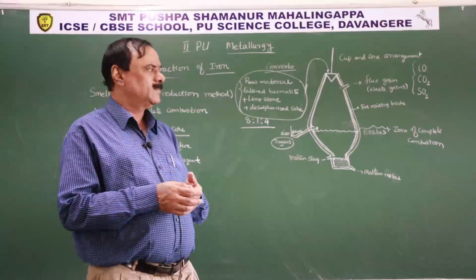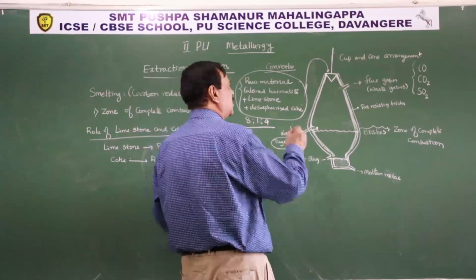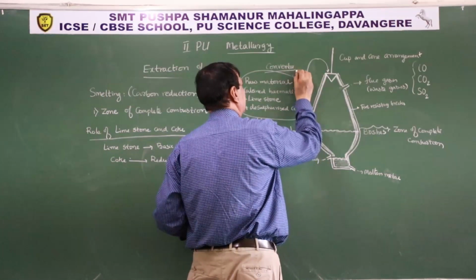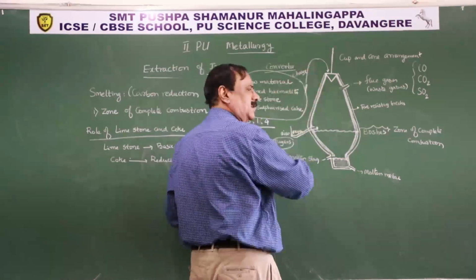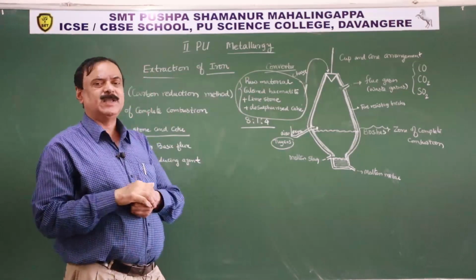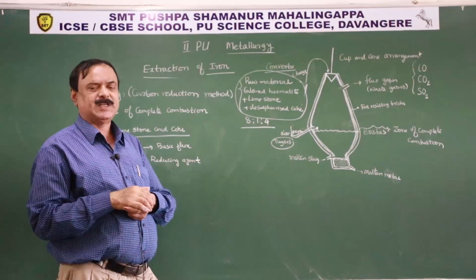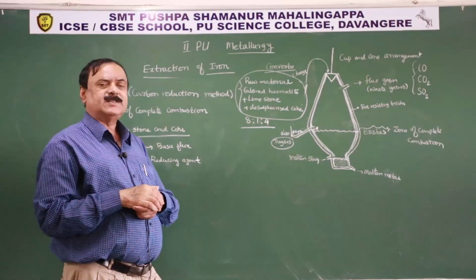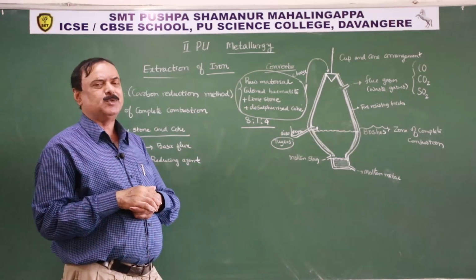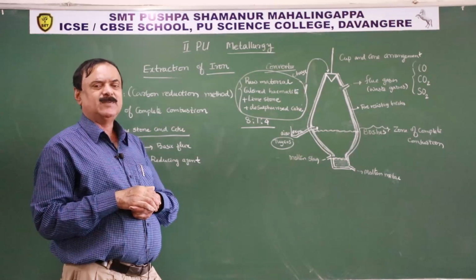Now what happens? This is considered as the charge, and the charge descends into the blast furnace by means of the cup and cone arrangement, while oxygen is made to pass through the gaseous region at the middle of the furnace.